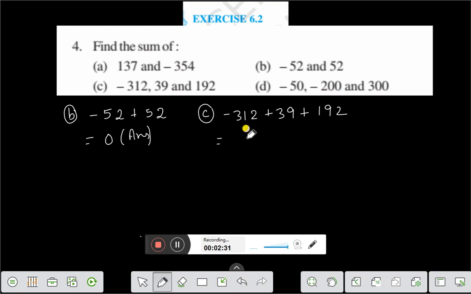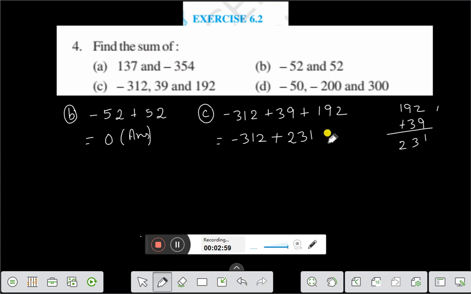Therefore we will add, first it is minus 312 and we will add both these numbers, that is 192 plus 39. 9 plus 2 is 11, carry 1, it is 1. 9 plus 1 is 10 plus 3 is 13, carry 1, here 3. 1 plus 1 is 2. It is 231.